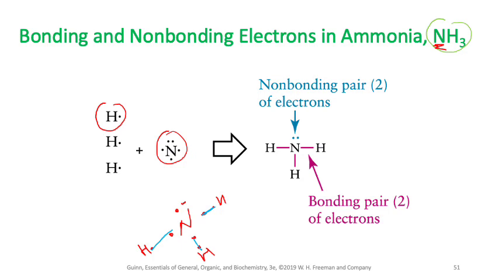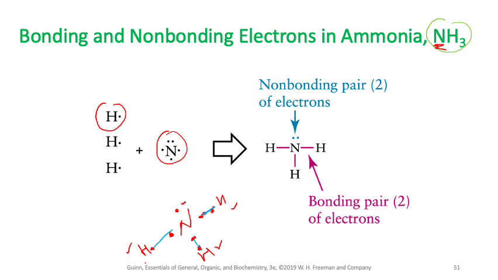Now let's see how many electrons each element has. Let's talk about the hydrogen. How many electrons does hydrogen need? 2 electrons. So this is already 2: 1, 2. So this hydrogen is good. This hydrogen also has 2, 1 from the nitrogen, 1 from its own, 2, good. This hydrogen, good. What about nitrogen? It has to have 8 electrons, right? That's what they are sharing.